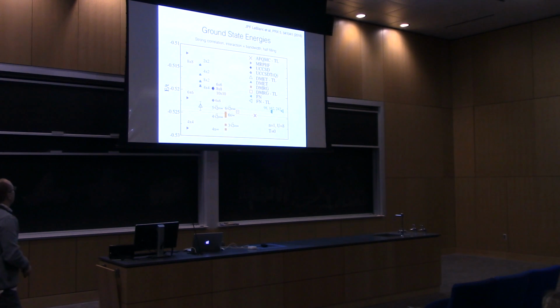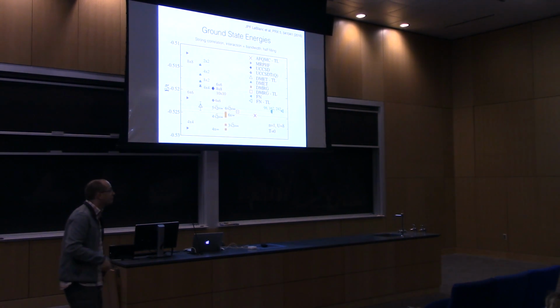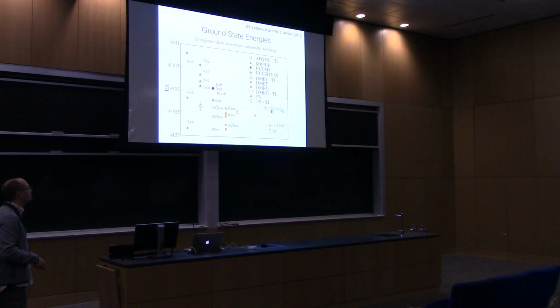We have different methods. Here, for example, MRPHF seems to completely fail for this. But you see DMRG, the most precise one-dimensional method, is not just the most precise one-dimensional method, it's also a very, very good method of looking at two-dimensional systems.